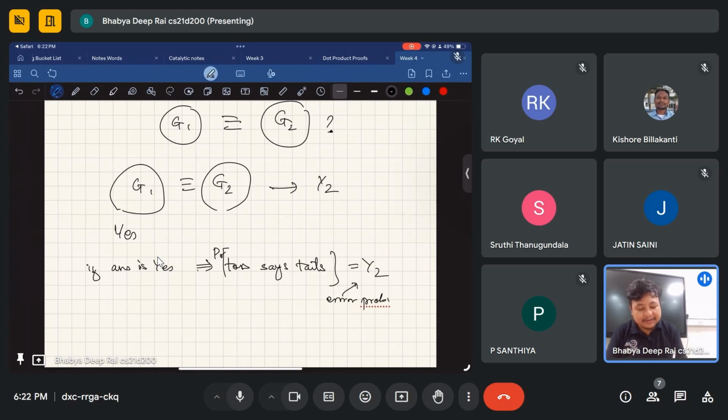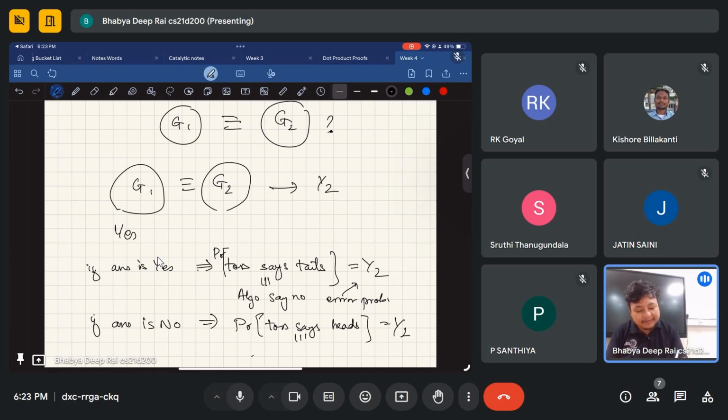Because note that the toss says tails is the same as saying the algorithm says no. And if the actual answer is no, then the probability that the toss says heads is equal to half.